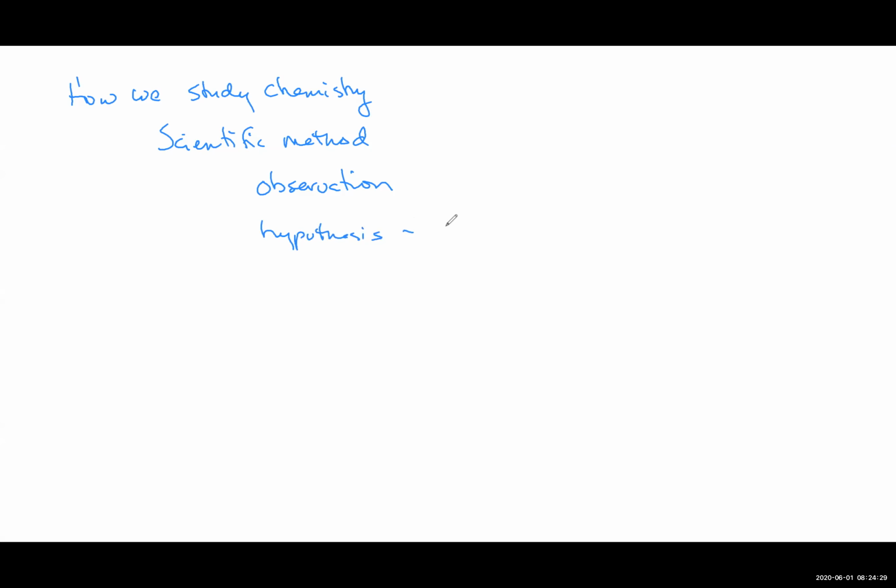A hypothesis is some kind of testable process to explore the observation. Or in another way, it's an idea or an assumption to explain what's going on.